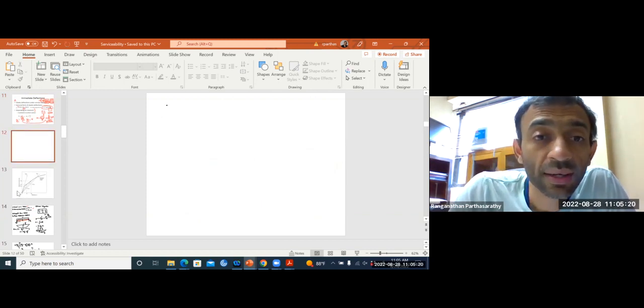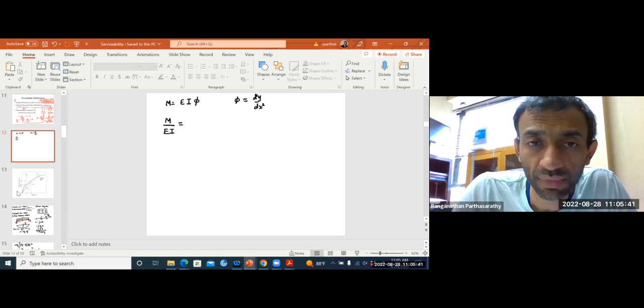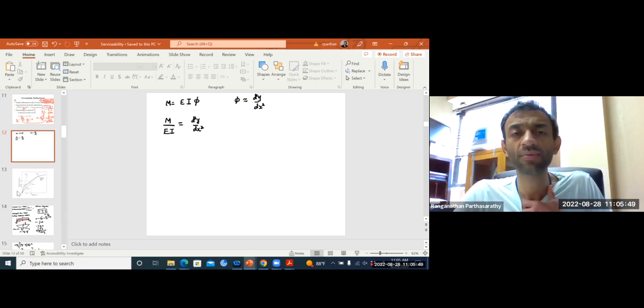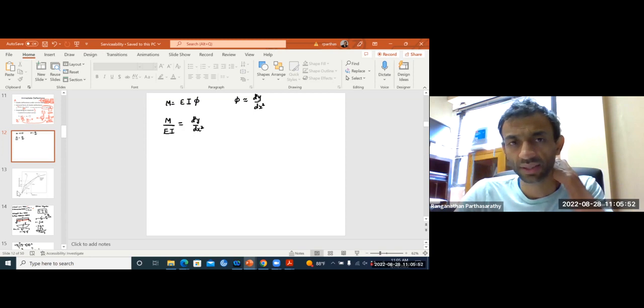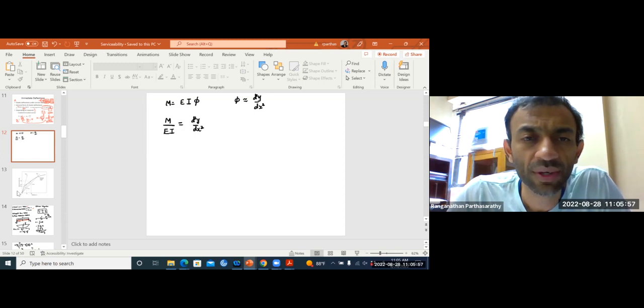So you remember that your moment is E times I times phi, curvature, right? And your curvature is approximately a second derivative of displacement. So you have M by EI equals, depending on what moment you have, what are your boundary conditions, etc., when you integrate it, in the numerator you will get what you need to get.